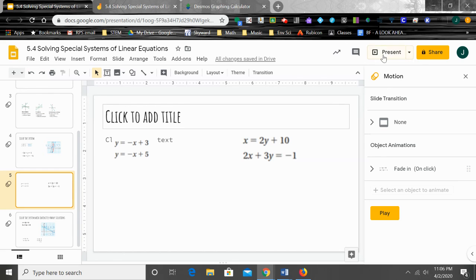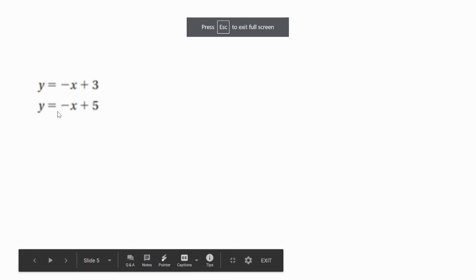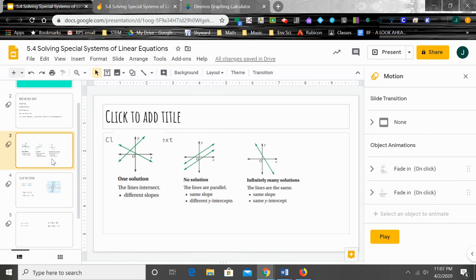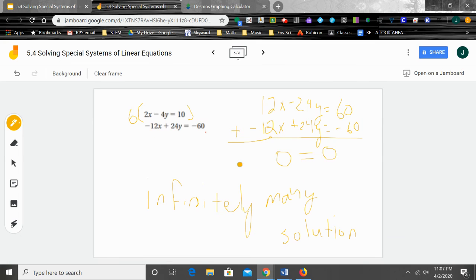For example, this one, y equals mx plus b, you can see they're parallel lines, therefore there is no solution to that equation. And last but not least is infinitely many. Infinitely many is where they're the exact same line. If you're solving by substitution or elimination, usually elimination is the way you can figure it out, you get 0 equals 0.